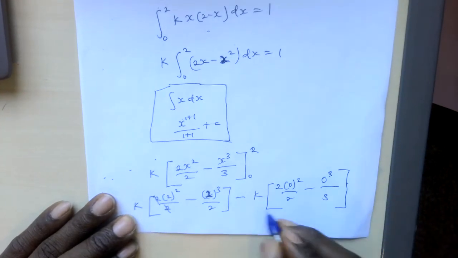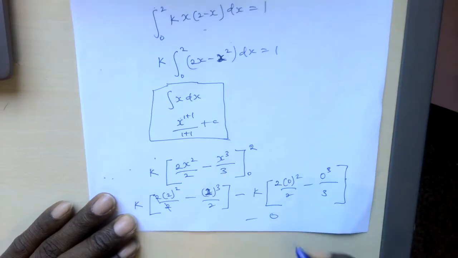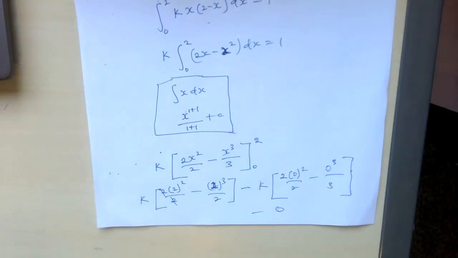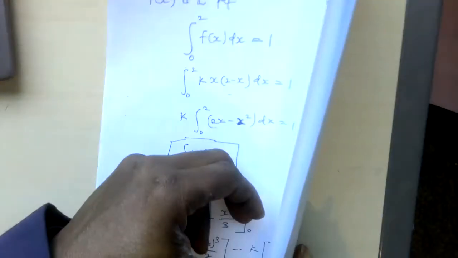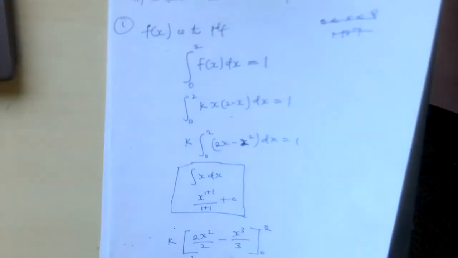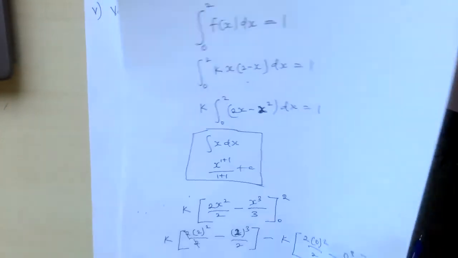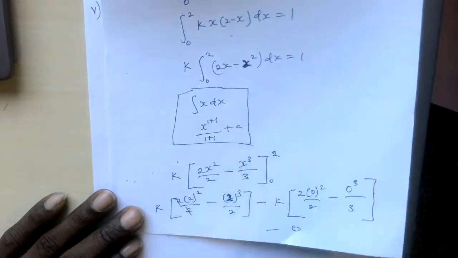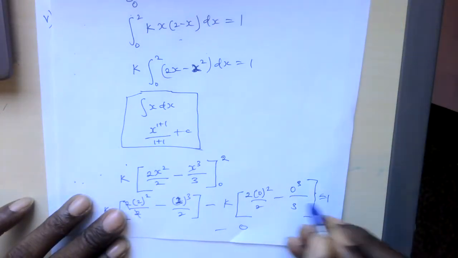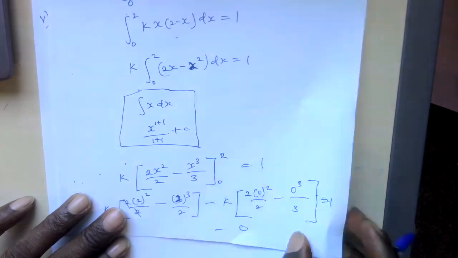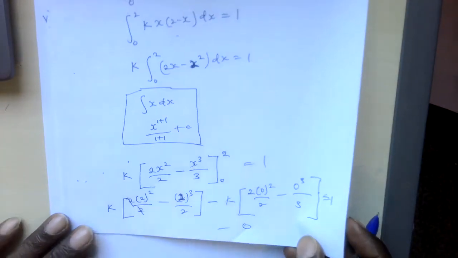Everything here is 0 minus 0, so everything here is 0. This is equal to 1, because it's probability, right?